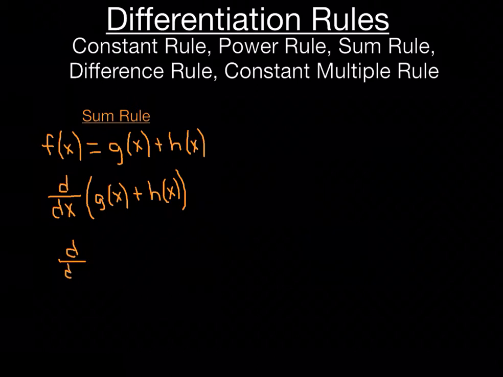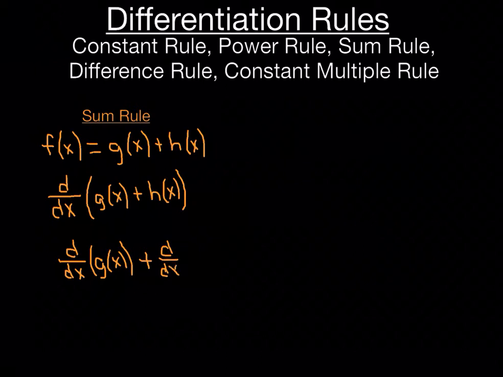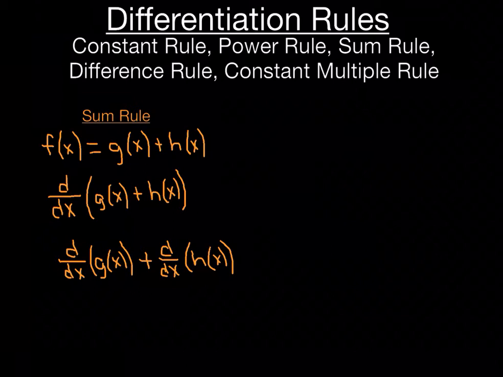You'd say, well, it's the derivative of g of x, and then you just say plus derivative, or d over dx, of h of x. So it's pretty basic. It's pretty simple. You just split the two functions up and add them together.